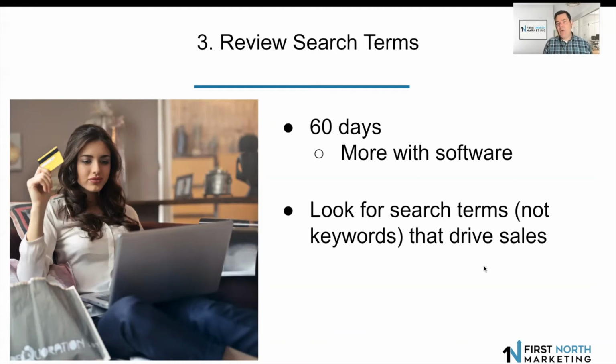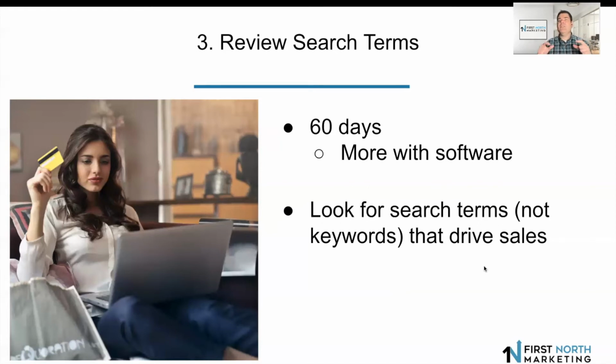And again, it's important to note that we are looking for search terms, not keywords that drive sales. So especially in advertising on Amazon, you might be using a broad keyword to advertise your product, such as, we'll use an example of cookies. But in order to find your product, that customer might have typed in gluten-free mini cookies.